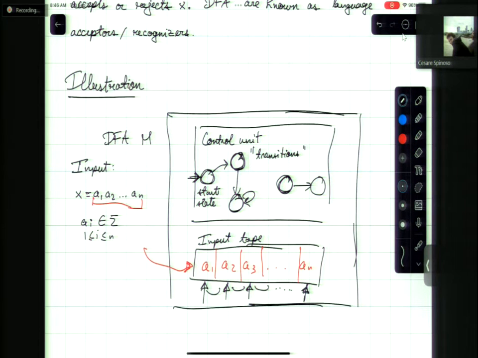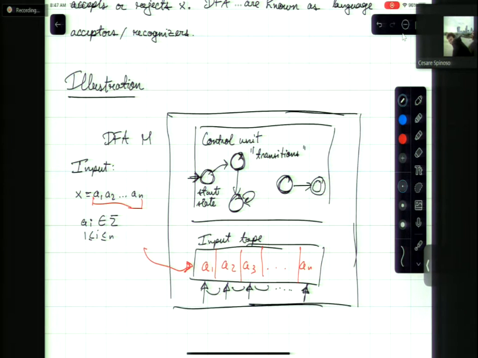So this is the final state of the computation. And to know whether the machine accepts or rejects the string depends on what state it ends on, right? So if this state is a normal state, then it's going to reject the string. But if the state is an accept state, and we usually denote that by a double circle, then it accepts the string.